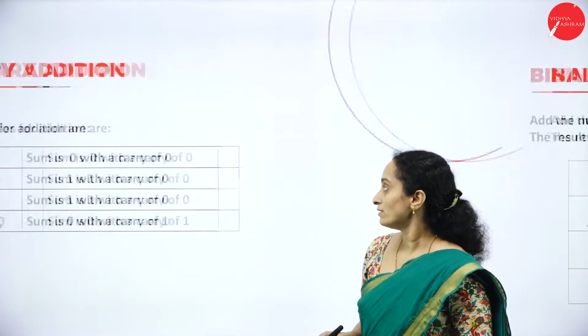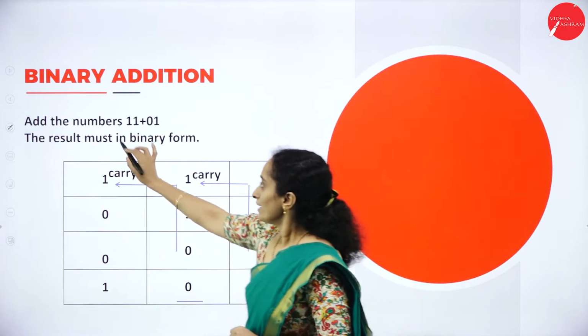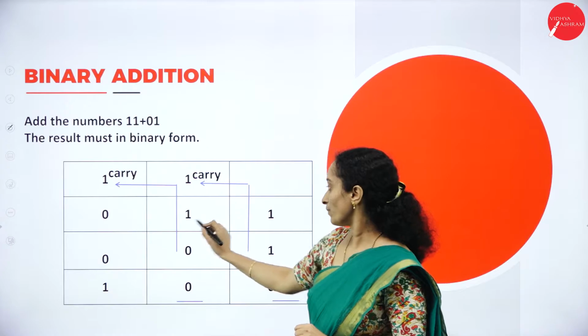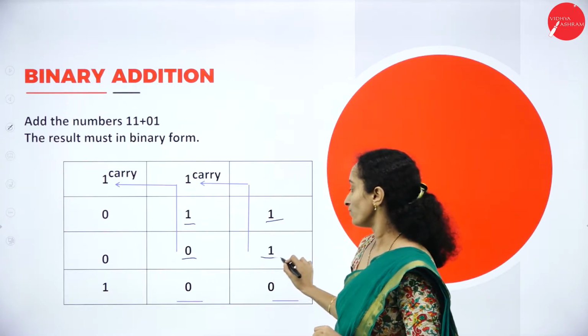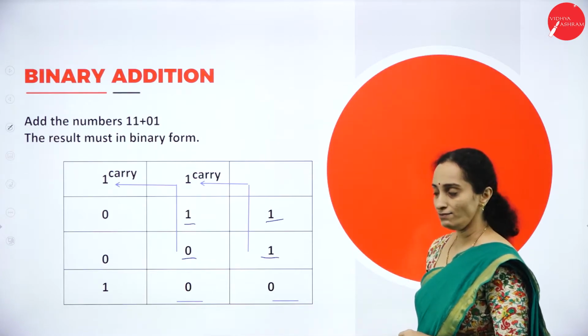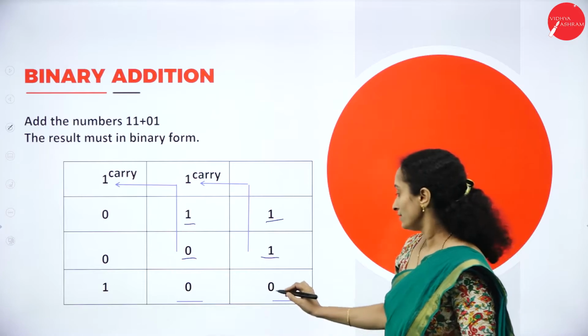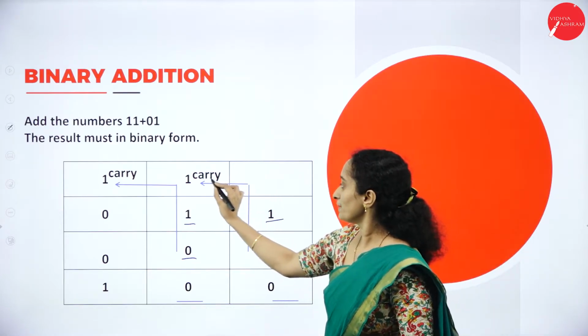Okay. Now, we'll have an example here. Add the numbers 1 1 plus 0 1. Now, when you add 1 plus 1, sum will be 0 and this 1 will be carried here.